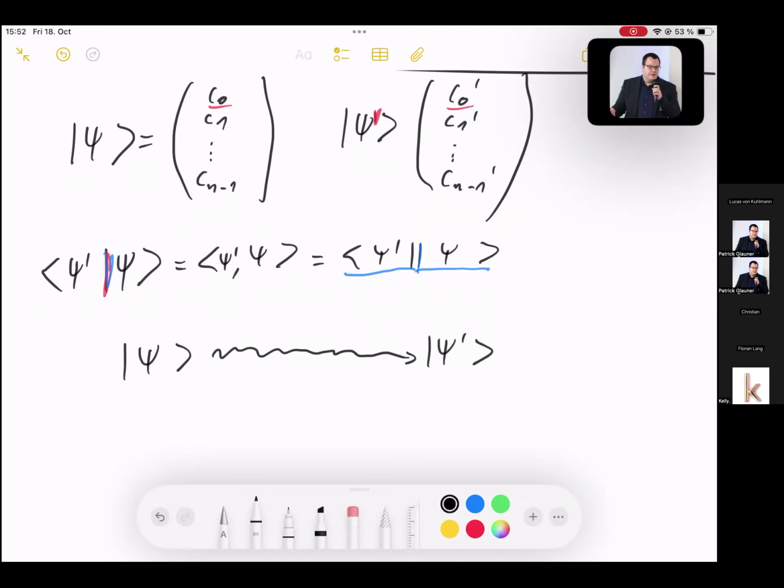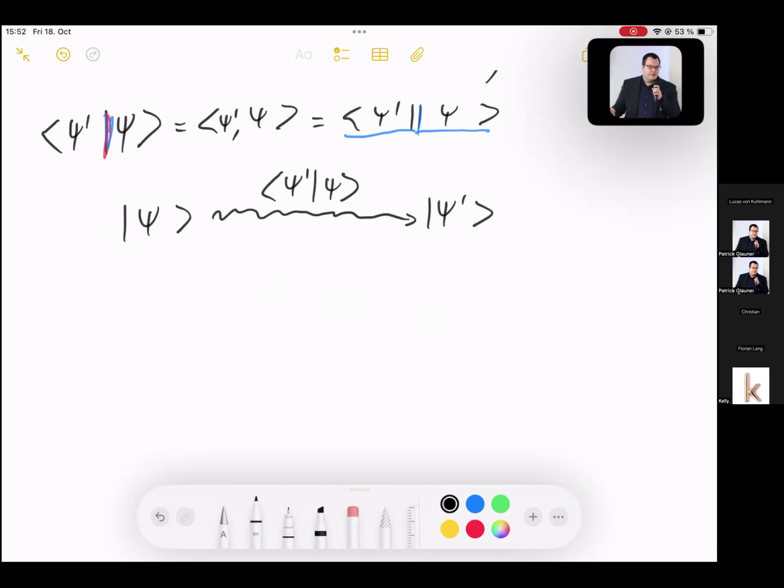That transition probability is just what we have done before: psi prime bra multiplied from the left, and then from the right, we take our psi ket. I'll show you now in a generic way how we can calculate this, and there will be some examples very soon to make this more practical. So we have our psi prime and our psi as from before.